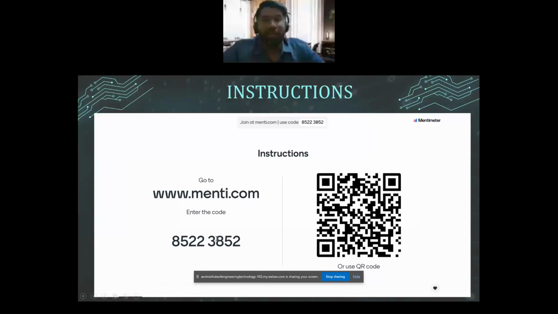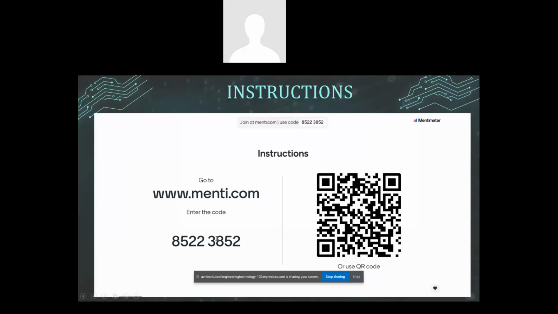Please try to log in either on your mobile or your screen. I will wait for a few minutes, and then we can start the session. This way it will be two-way communication, and it will be nice to interact. I think maximum we can accommodate 50.